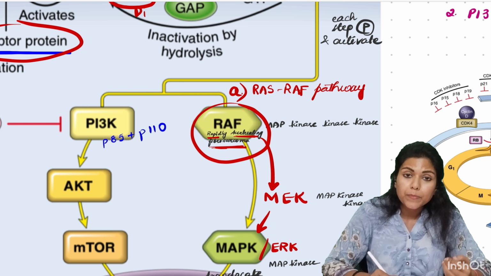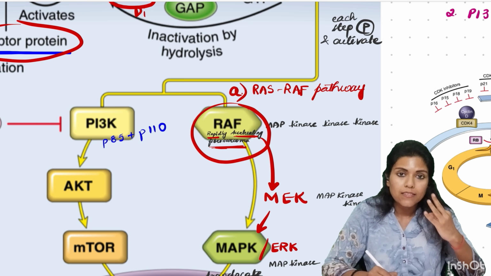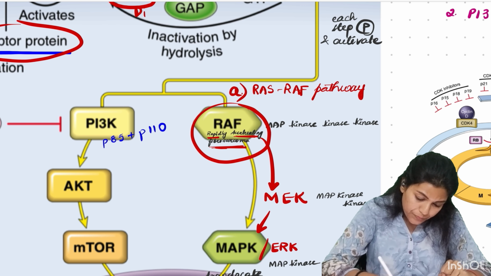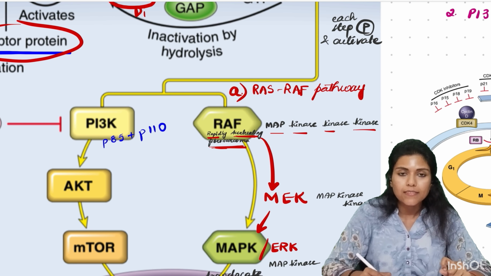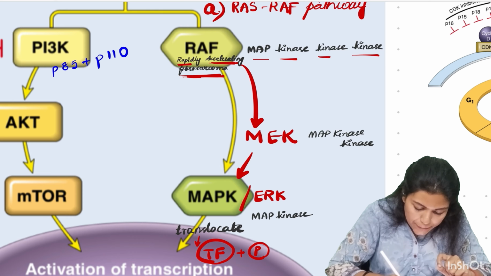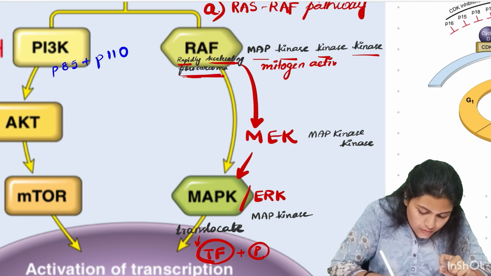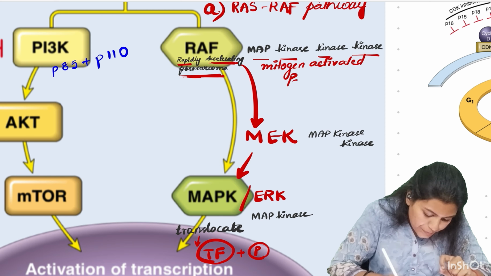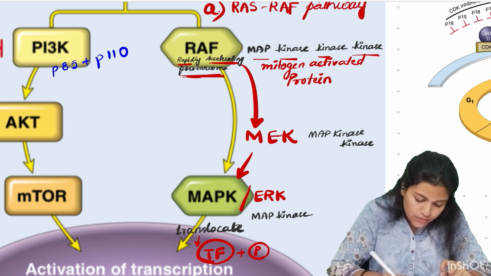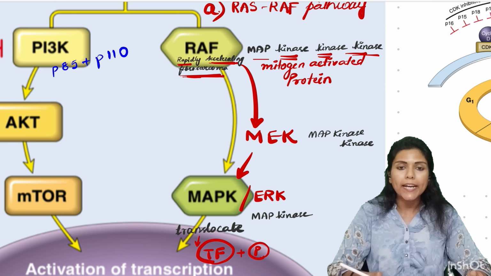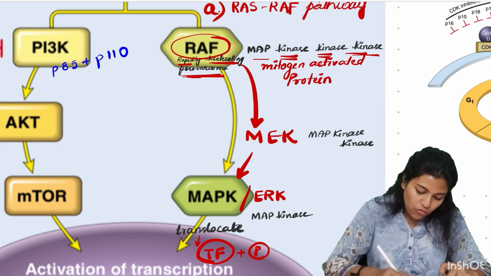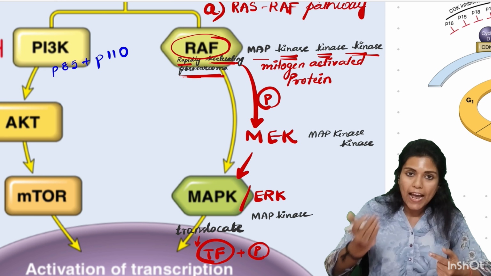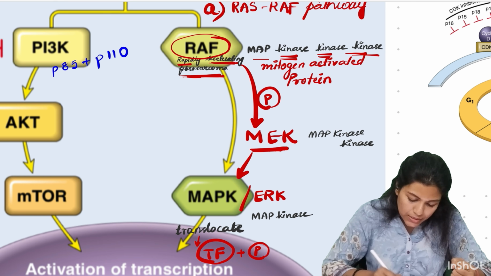This RAF is a triple kinase. That means it has three kinases, three enzymes. MAP, that is MAP kinase. The full form of MAP is mitogen activated protein kinase. The triple kinase is this RAF. This activated RAF, again it will phosphorylate, it will add phosphate to MEK.